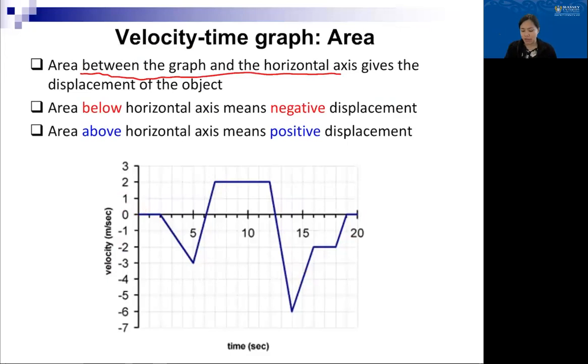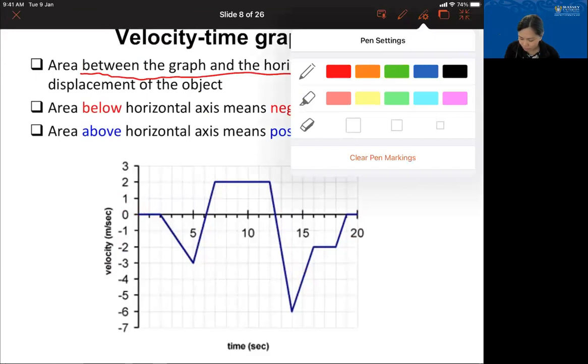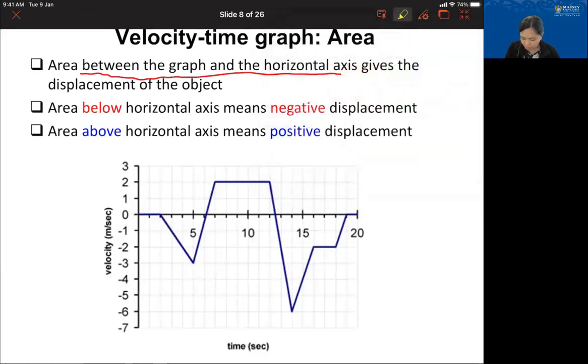So we want to find the area between the graph and the horizontal axis. So for example, here in this graph, the area that you want is between the graph and the horizontal axis. So for this portion of the graph that I've shaded in yellow, that's the area that you want to calculate. It's that space between the graph, this is the graph here, the line, the blue line, and the horizontal axis.